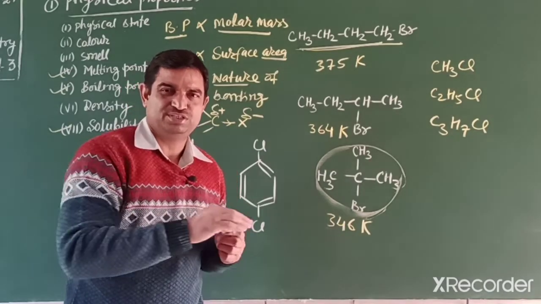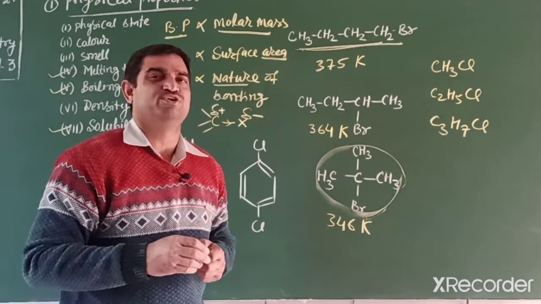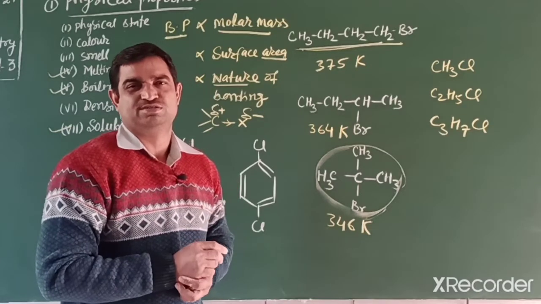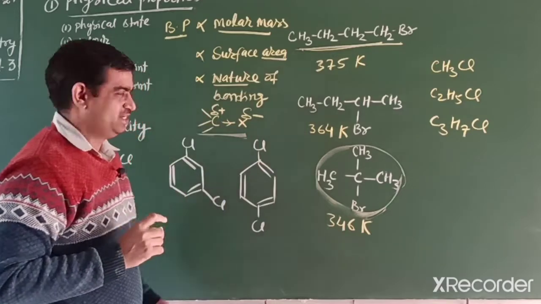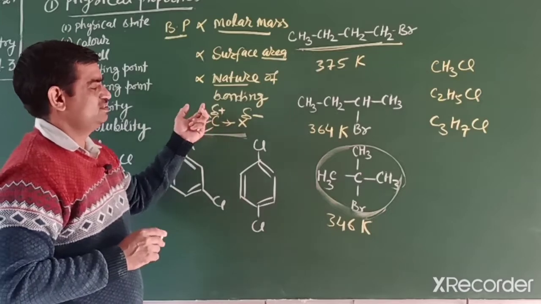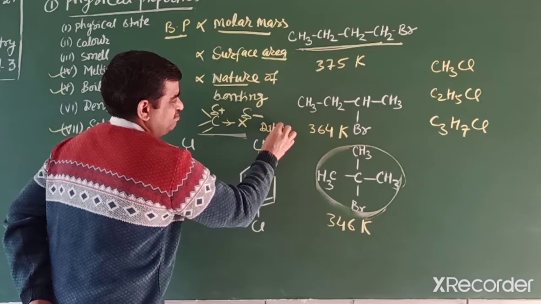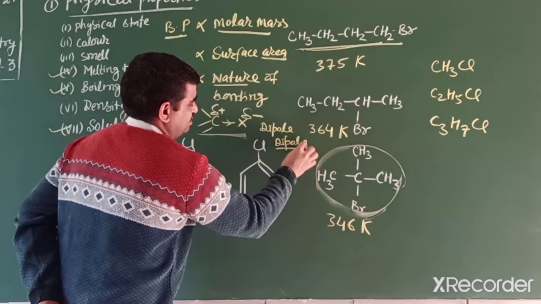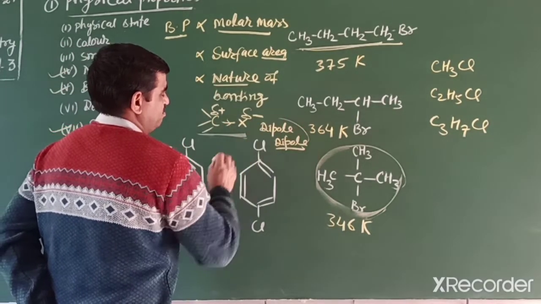This question comes in the exam: why do haloalkanes and haloarenes have higher boiling point than the corresponding hydrocarbon of similar molar mass? So the reason is this: alkyl halides are slightly polar in nature, with partial positive and negative charges. So due to this there is dipole-dipole attraction, or we can say weak van der Waals force of attraction.